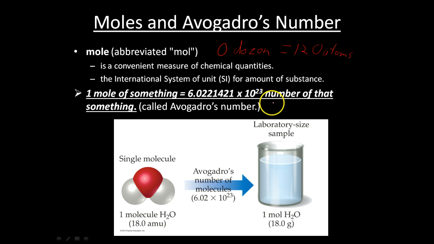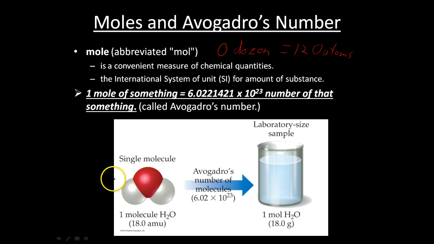And so this many atoms of oxygen actually has a normal weight, a weight that we can measure with most mass measuring devices. Versus 12 atoms, we'd have no devices that could actually measure that amount of mass.